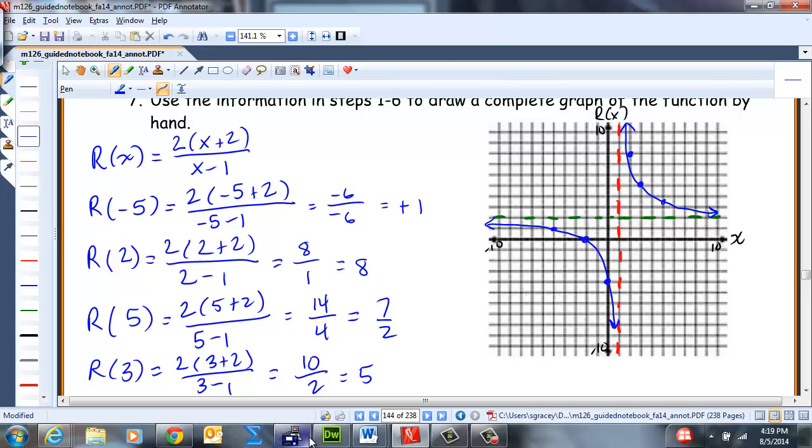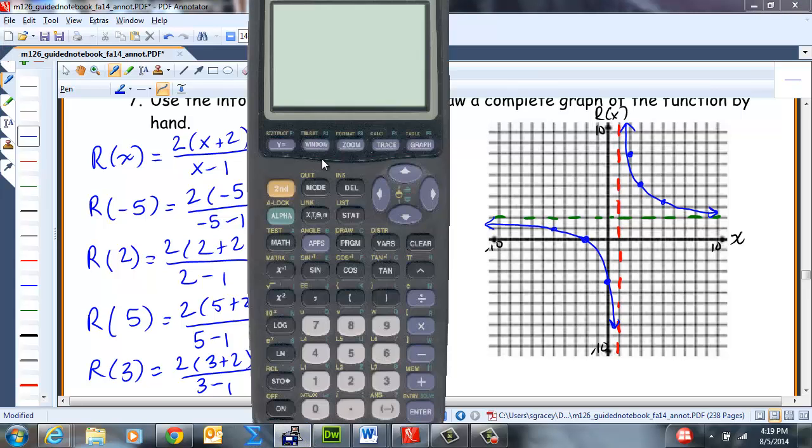So if we go to our graphing calculator, our original graph was 2x plus 4 divided by, and you need to make sure the numerator and denominator are each in parentheses, x minus 1.